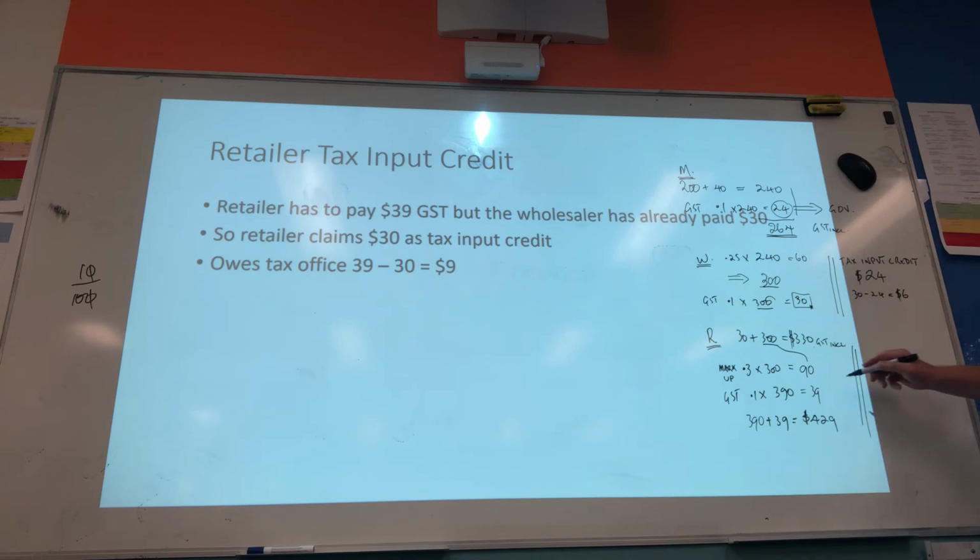So this guy owes the tax office the $39 minus the tax input credit, which is $30. So this guy owes $9. That's the tax they have to pay, because the tax input credit is $30 because it's already been paid.